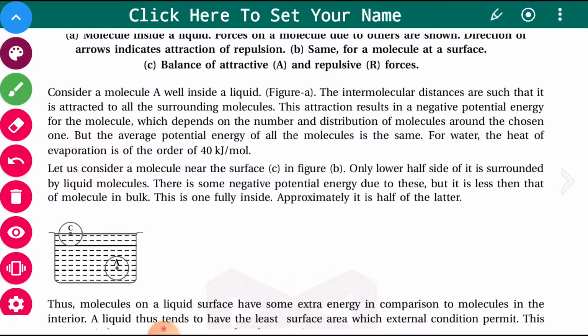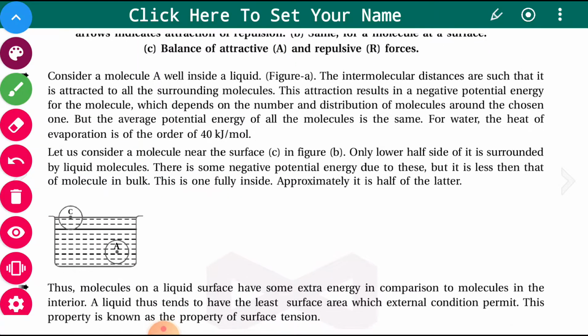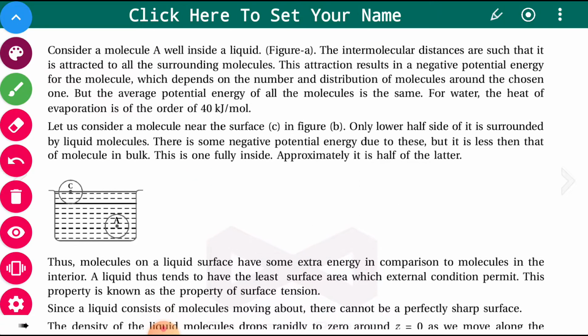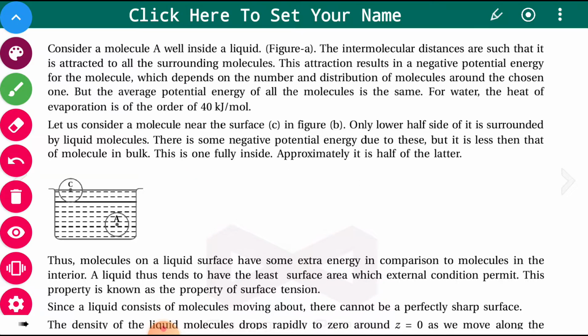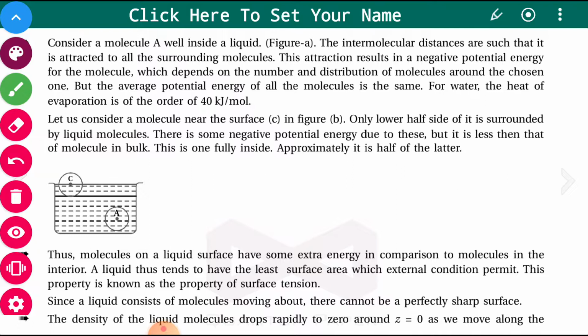This attraction results in a negative potential energy for the molecule, which depends on the number and distribution of molecules around the chosen one. But the average potential energy of all the molecules is the same for water. The heat of evaporation is of the order of 40 kilojoule per mole.